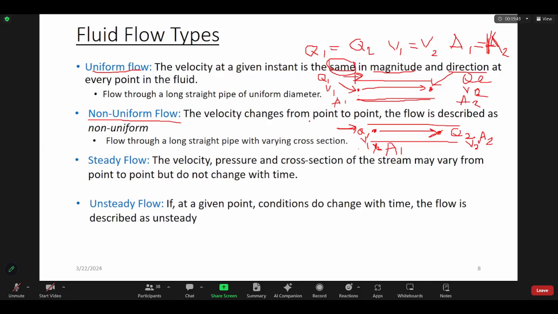In a non-uniform flow, Q1 equals Q2, flow rate is equal. But velocity V1 is not equal to V2, and also cross-sectional area A1 is not equal to A2.